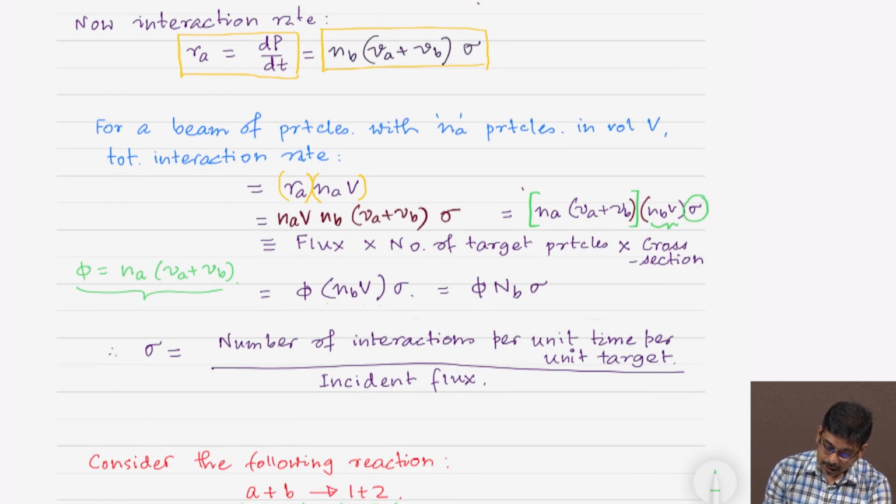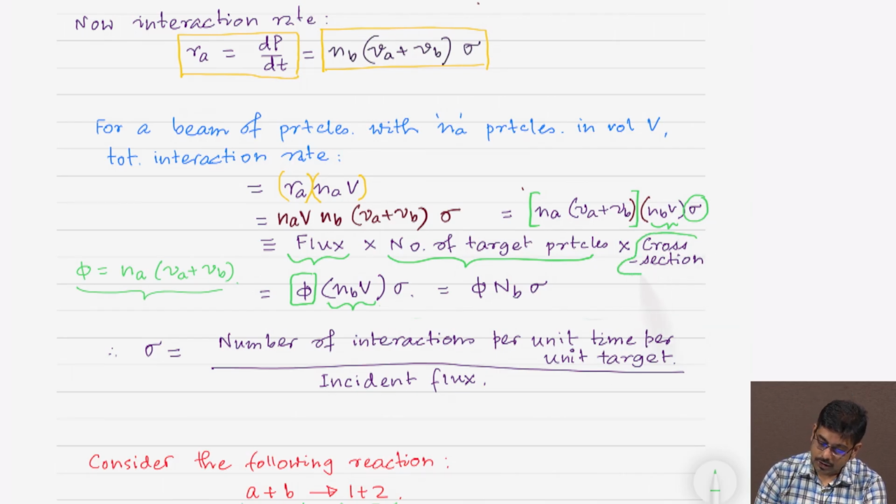The first part is what we call the flux, and that was the definition that we actually had, which we called phi. Then there is the number of target particles, and that is nothing but N_B into capital V, and then there is the cross section, and that is sigma.